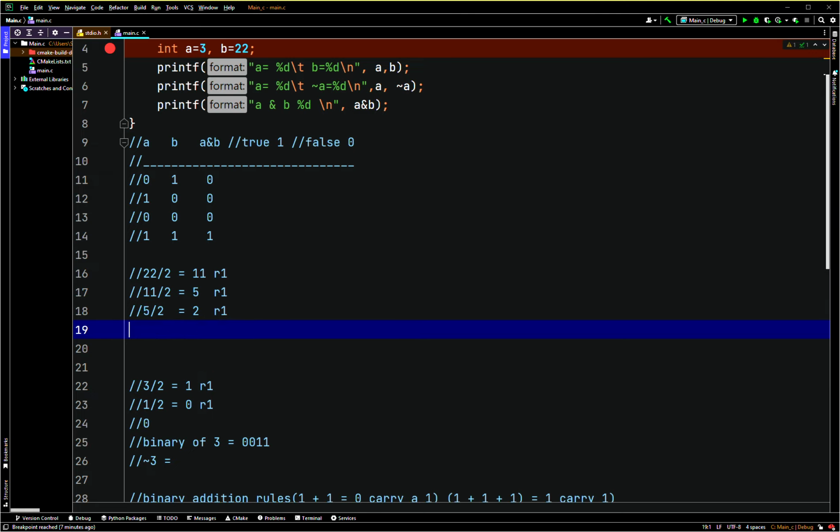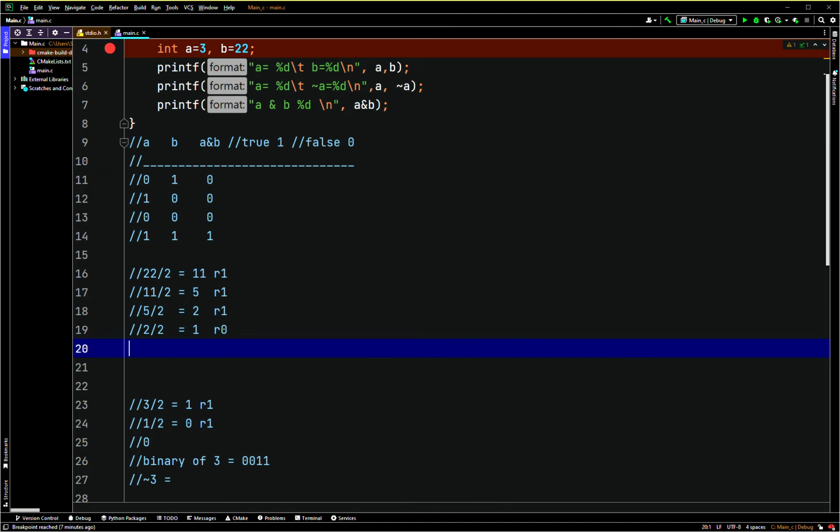Then we carry the 2 down, so 2 divided by 2 equals 1, remainder 0. And we carry the 0 down. That's the last one, so when you get 0, that's going to be the end. So 22 should be... am I missing a digit here?